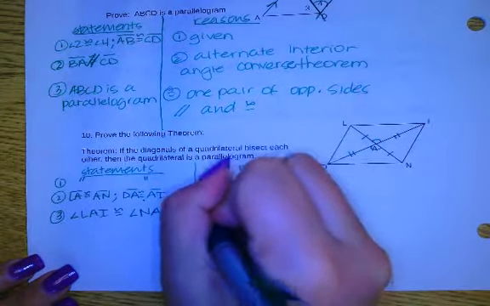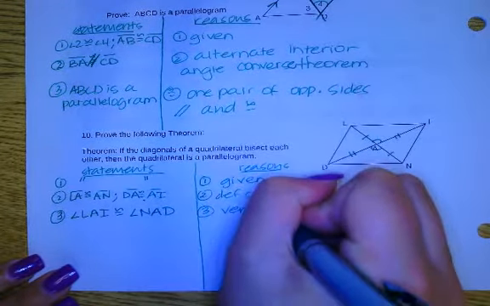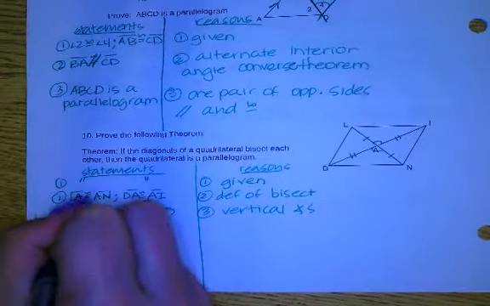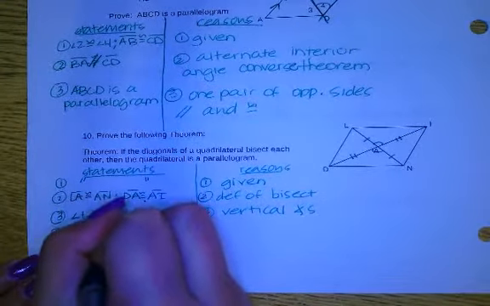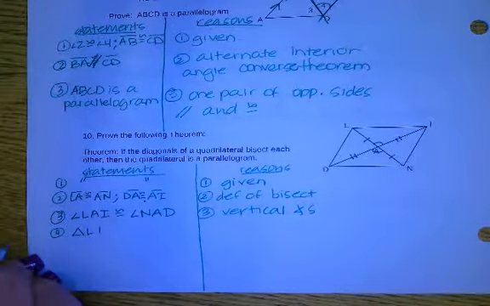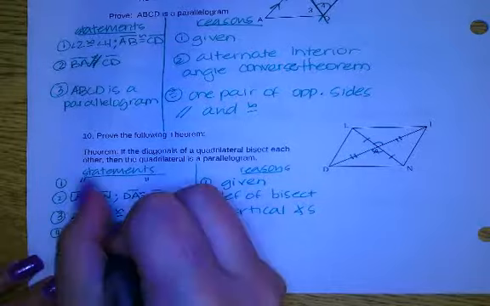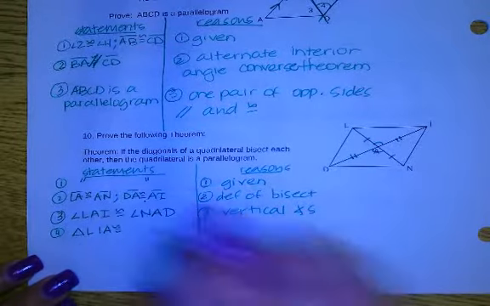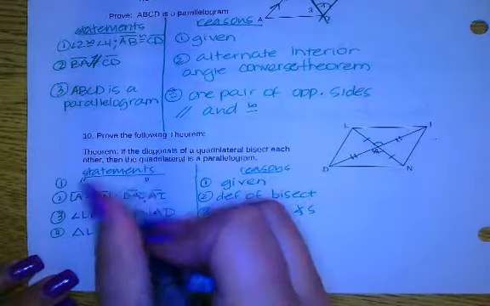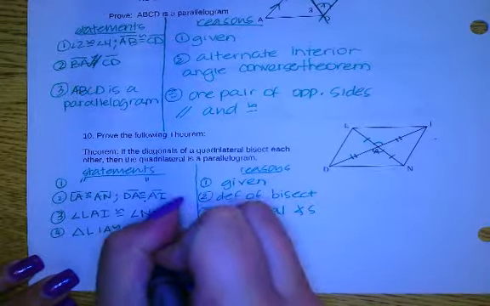LI and ND are congruent. LIA and DA. And why is that, James? SAS.